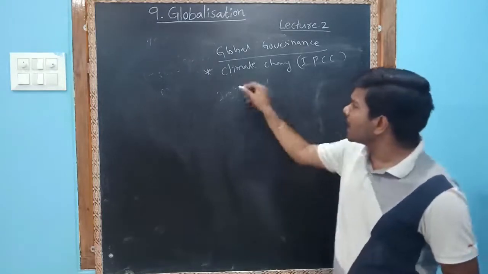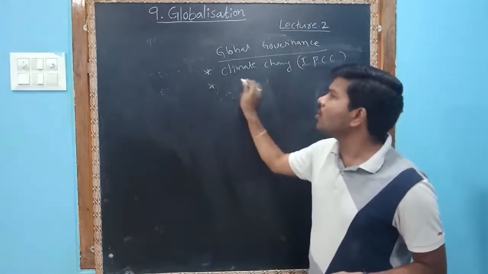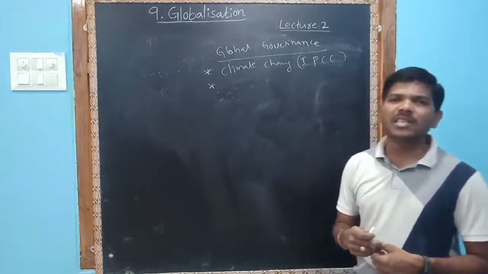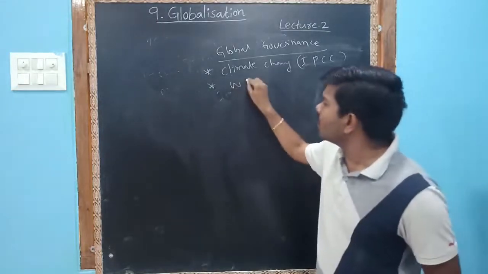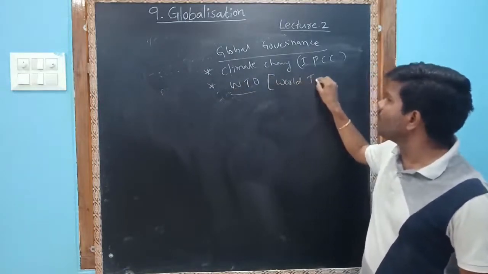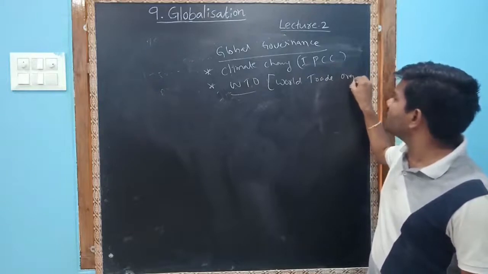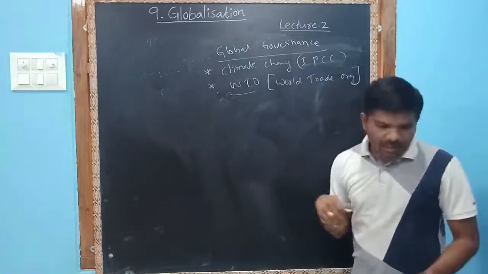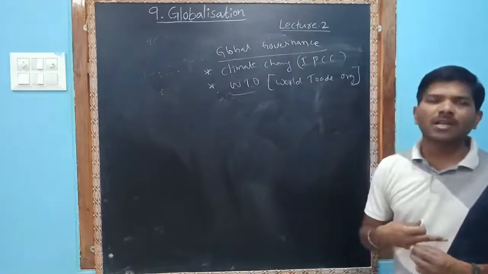Like climate change, IPCC. One more new global governance organization was set up, and this organization is the WTO, the World Trade Organization. It is located in Geneva. Why was the World Trade Organization set up?